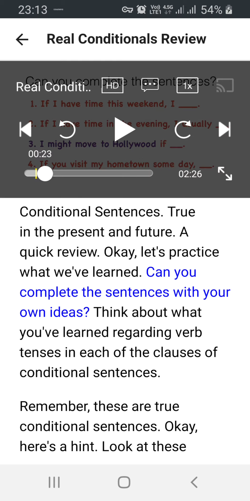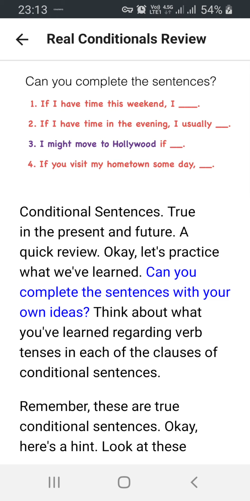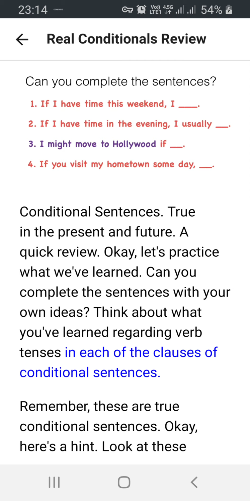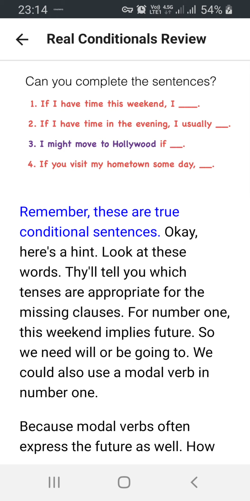Think about what you've learned regarding verb tenses in each of the clauses of conditional sentences. Remember, these are true conditional sentences.